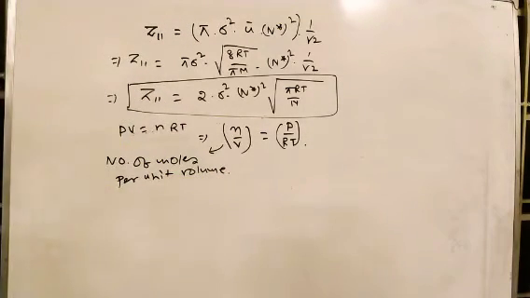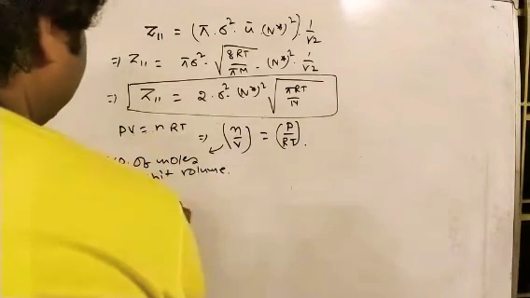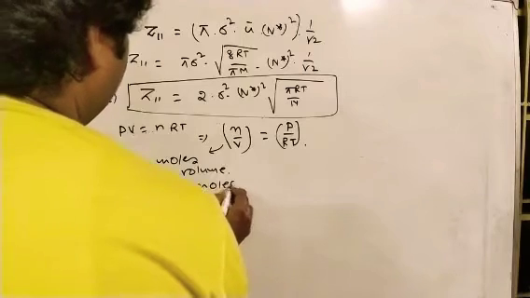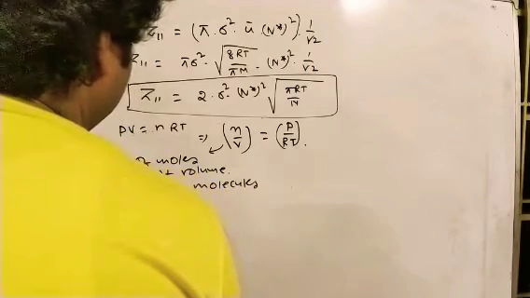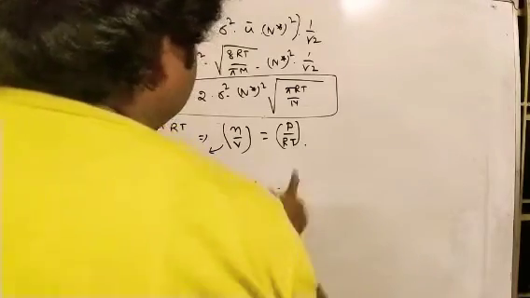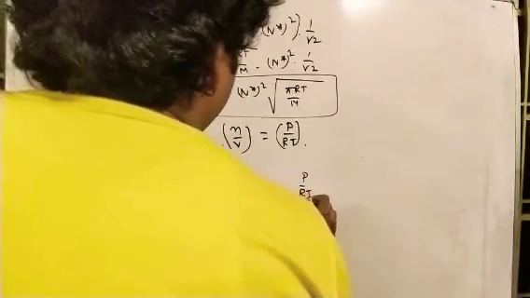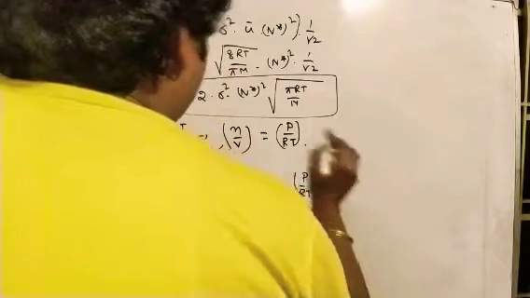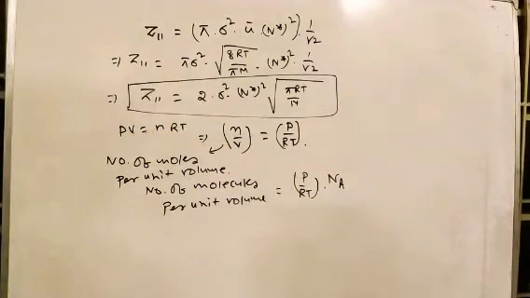But what do we need? Tell me. We need the number of molecules. So if I say number of molecules per unit volume, it should be this multiplied by Na. What is Na? Na is the Avogadro number. So the number of molecules per unit volume will be equal to this one.